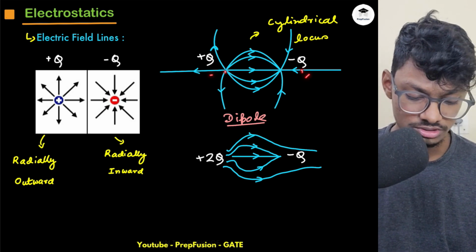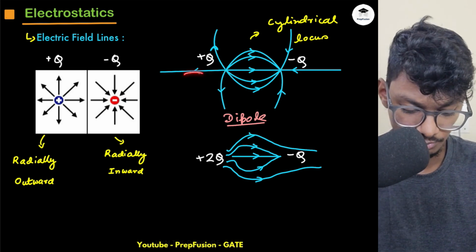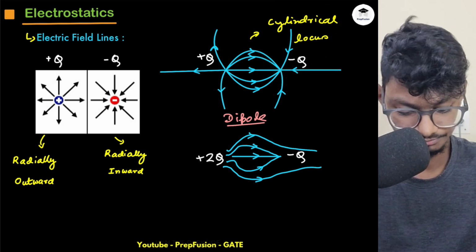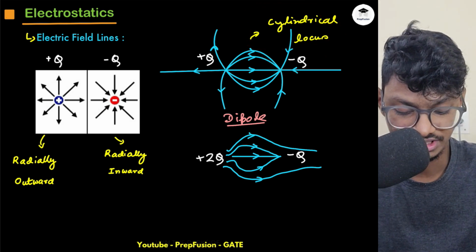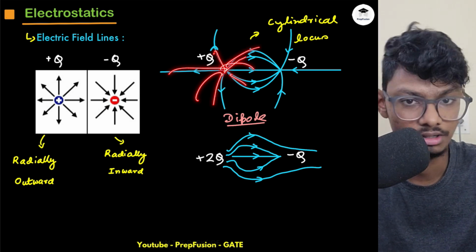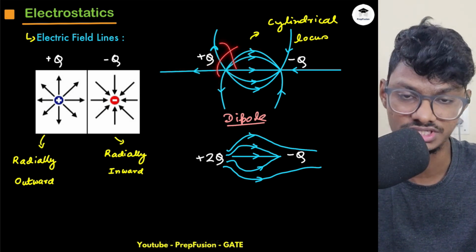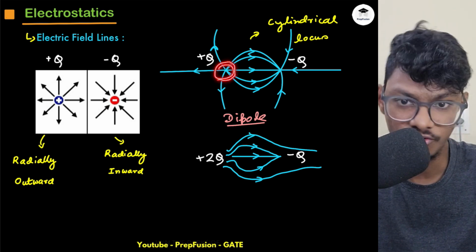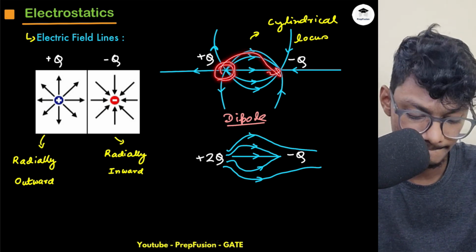If I have two charges, positive and negative, then what will happen? I will get a cylindrical locus. Electric field lines will come out of this charge, generated from plus q and terminating at minus q.